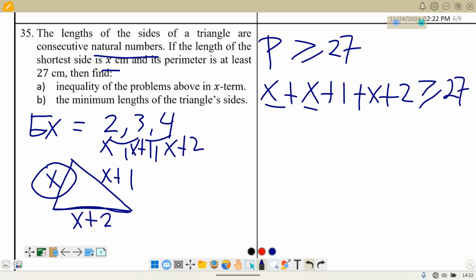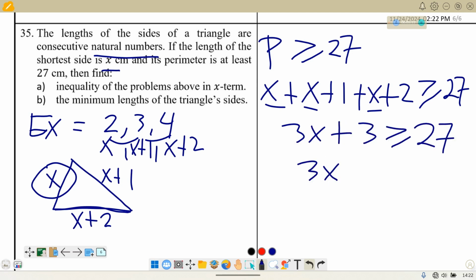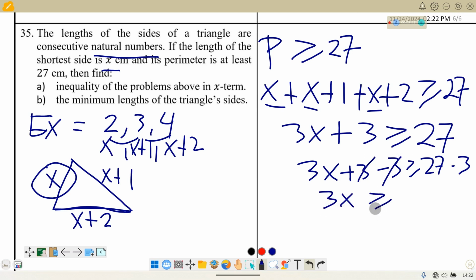So this equals 3x plus 3 bigger than or equal to 27. So 3x plus 3 minus 3 bigger than or equal to 27 minus 3. We can cancel this one. 3x bigger than or equal to 24. Then x bigger than or equal to 8.